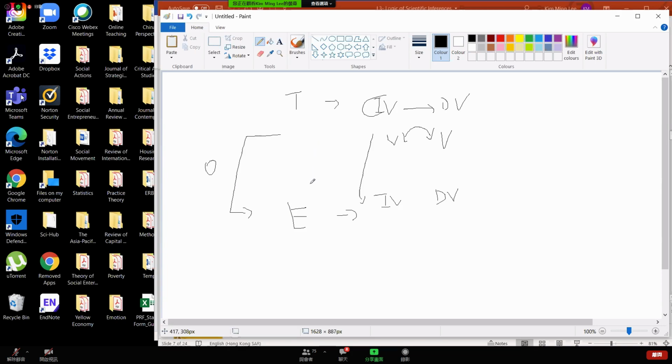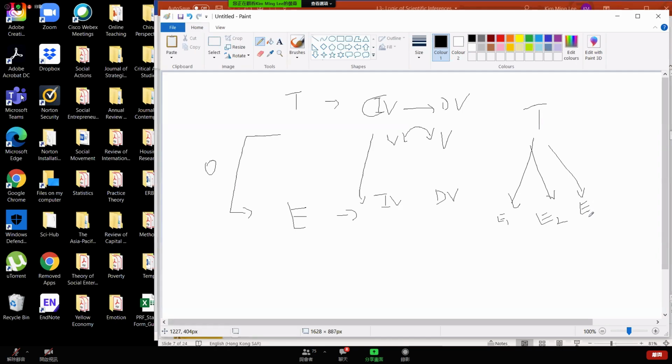So that means empirical statements are derived from theories. But there's something interesting about theoretical statements and empirical statements. For any theoretical statement, you can derive an infinite number of empirical statements depending on how you operationalize them. Okay, so you can have empirical statement 1, empirical statement 2, empirical statement 3.